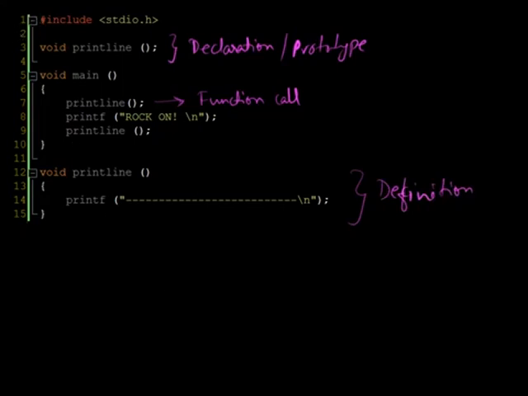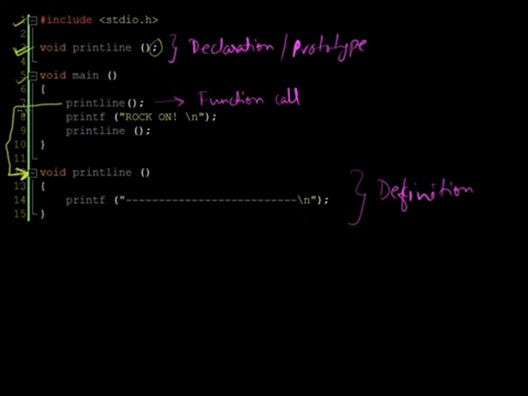Now let's try to determine how this program ran line by line. So first of all, it included the standard input output header. Then it understood that yes, there is a user defined function print line that returns nothing, that returns a void. And remember, this semicolon is very necessary. Then our main function got executed. Now as soon as it encounters print line, the control goes to the function print line.